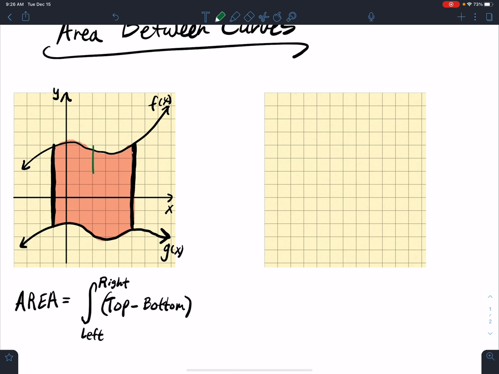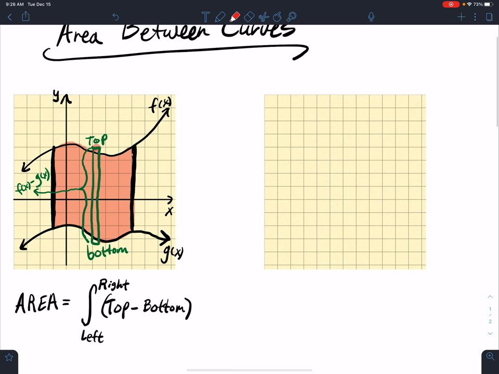So when I draw my arbitrary rectangle, I see here that arbitrary rectangle has that height of what we're looking for, the top f of x minus the bottom g of x. Okay, but what about the width? What is that width there? That width on the top and the bottom is the same.